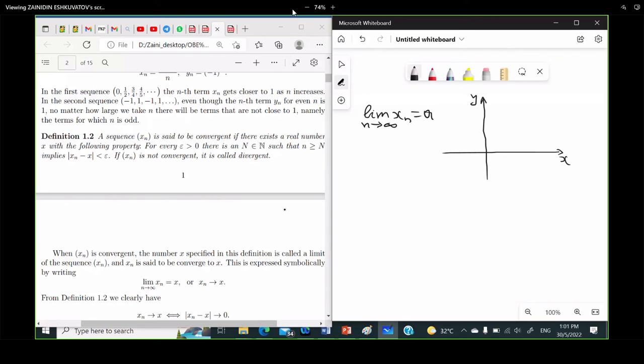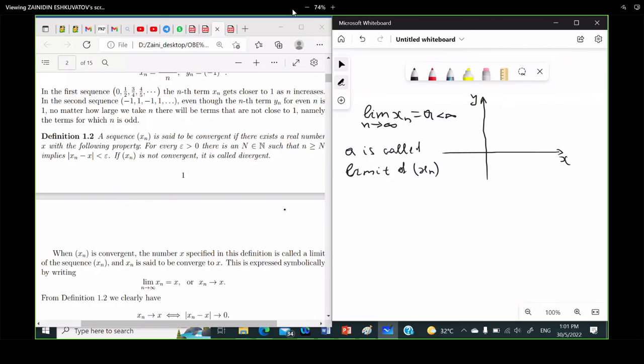You see, this A is called the limit of sequence xn. If this limit exists, equal to A, which is finite, then A is called the limit of sequence xn.